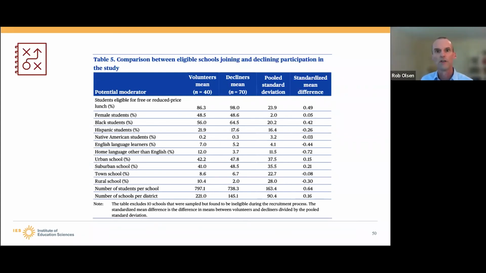For example, the 40 schools that agreed to participate, the volunteers, had lower percentages of students who were eligible for free and reduced price lunch, but were more likely to be located in rural areas than the 70 schools that declined to participate, the decliners. So we recommend making these types of comparisons to identify risks to the generalizability of the study findings. Next slide, please.